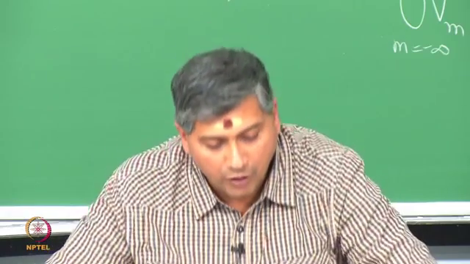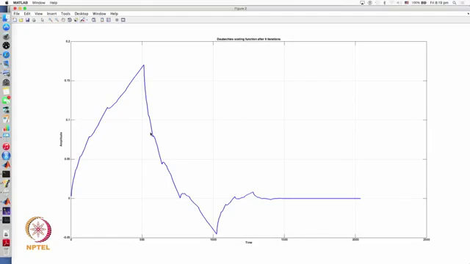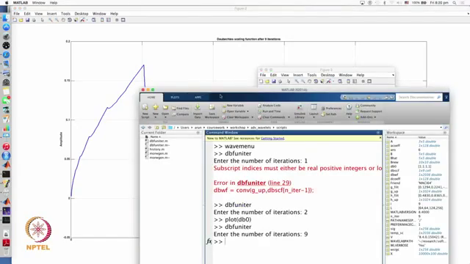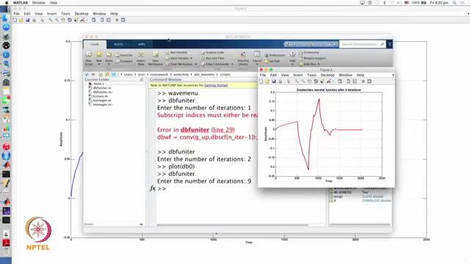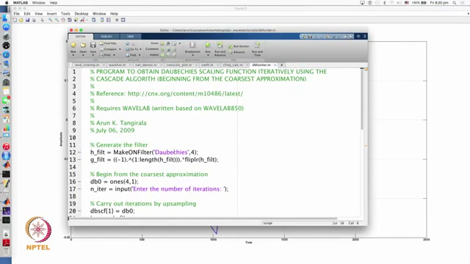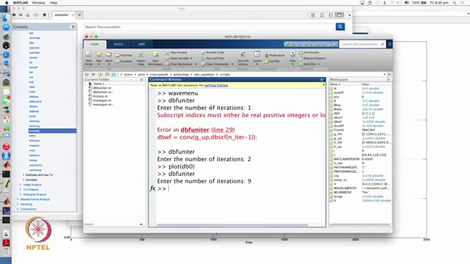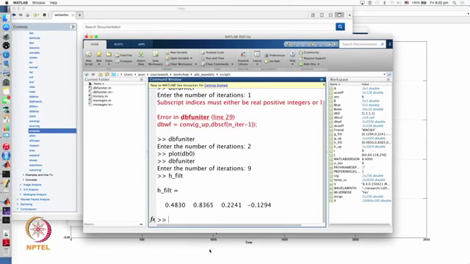And what are those filter coefficients? Those filter coefficients are here. You can also obtain these filter coefficients from MATLAB's wavelet toolbox. There are 4 filter coefficients at n equals 0, 1, 2, 3, so the support of h is over 0, 3. By the result that we have seen earlier, the support of phi is also over 0, 3.